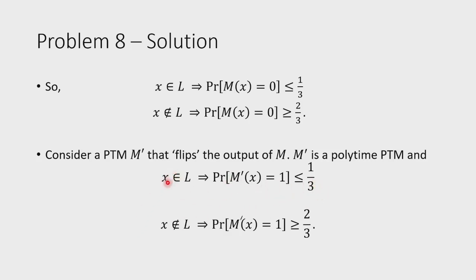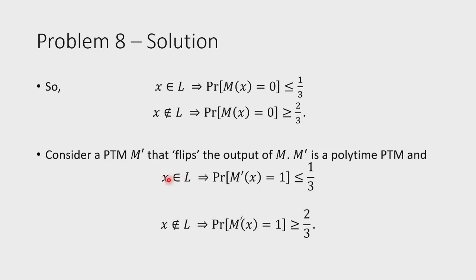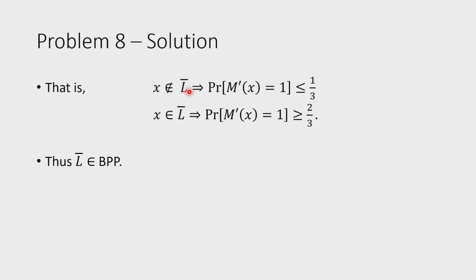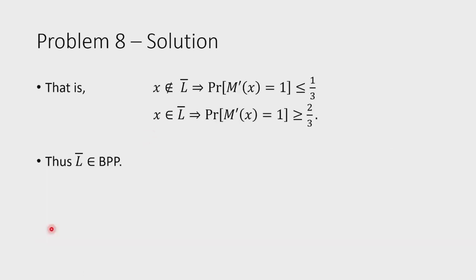Again, I'm going to rewrite these two statements. If X is in L, then the probability of acceptance is at most 1/3, which means that if X is not in L complement, then the probability of acceptance is at most 1/3. Similarly, if X is not in L, then the probability of acceptance is at least 2/3, which means that if X is in L complement, then the probability of acceptance is at least 2/3.